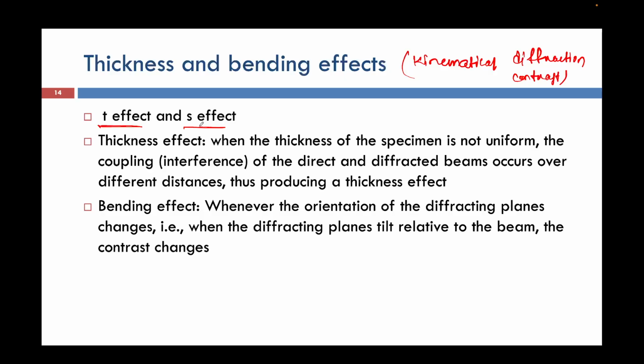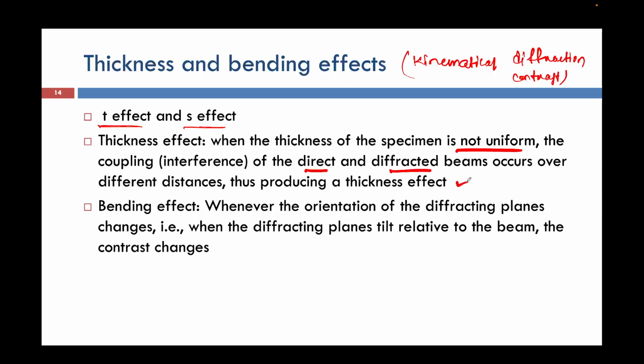Thickness effect is when the thickness of the specimen is not uniform. As we know, we cannot make a completely uniform material, so the interference between the direct beam and the diffracted beam occurs over different distances.